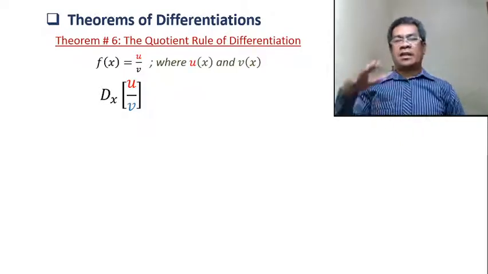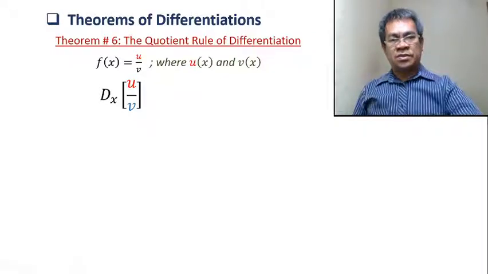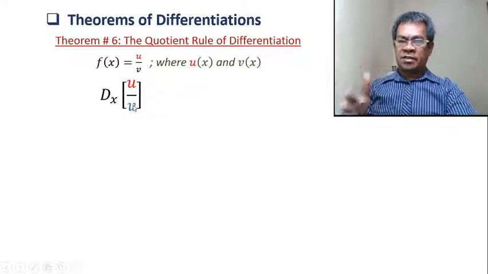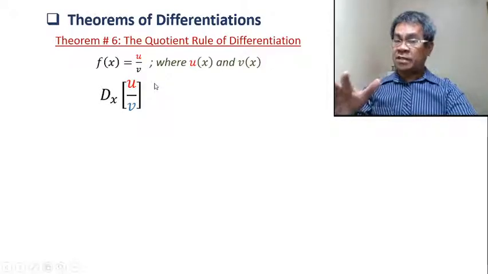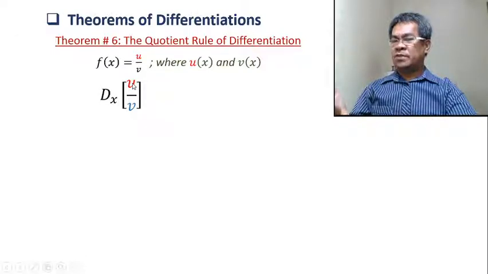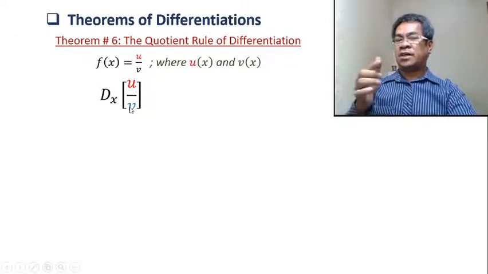Unlike in the product rule where we add, so there's no sequence and you can choose any. In this case, I will repeat, preserve the denominator, take the derivative of the numerator. Then subtract it, preserve the numerator, then take the derivative of v. So it should be in order.